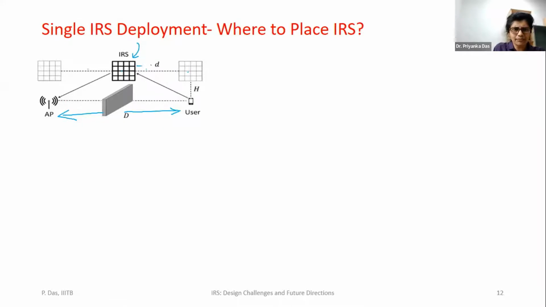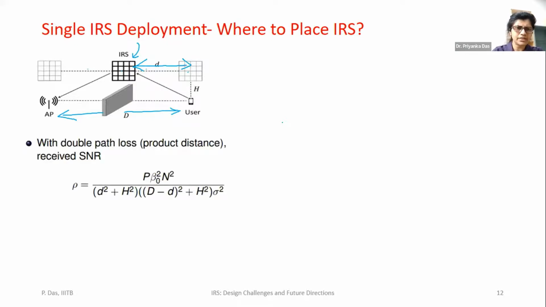So they have taken another variable, which is small d. Small d is the distance between user and IRS. And they are going to tune the parameter, and find what values of d give me the maximum SNR. That's the normal way people will attack it.